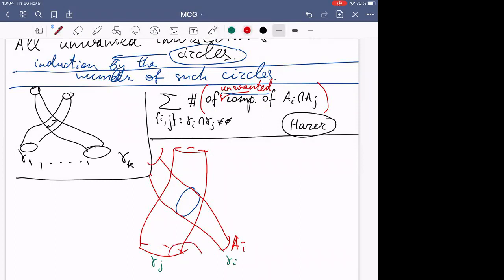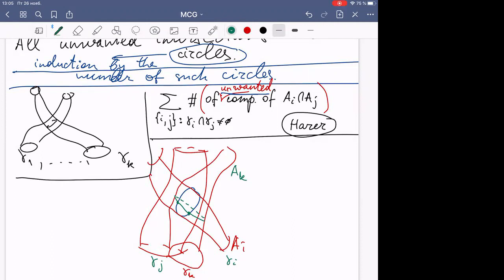So here we also have gamma K, which is disjoint from gamma I, but not disjoint from gamma J. And we may have some unwanted intersection between gamma K and AK and AI, and it may intersect those circles, and there can be plenty of such situations.